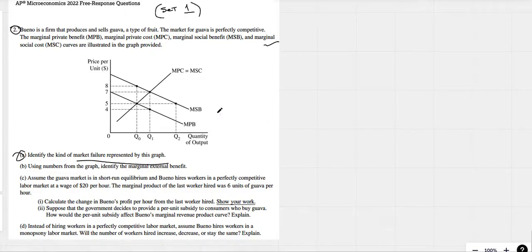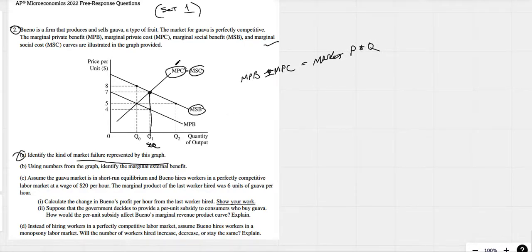Well, the easiest way to understand this is I know where MSB and MSC come together. That is what we call the socially optimal quantity. I also know where MPB and MPC equal one another. That's the market price and quantity.